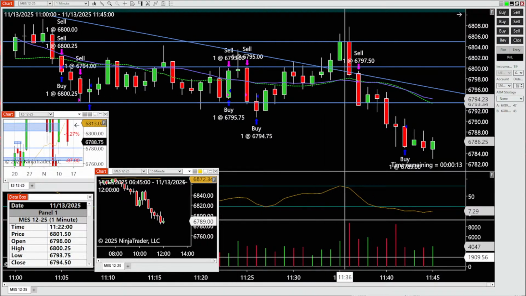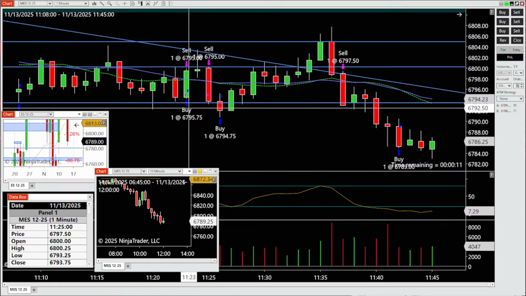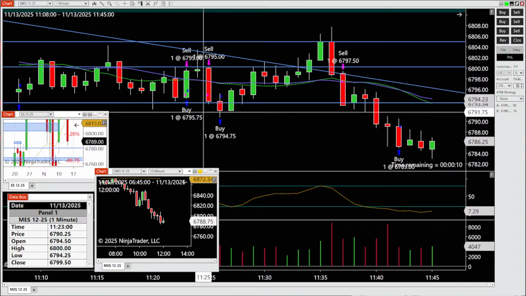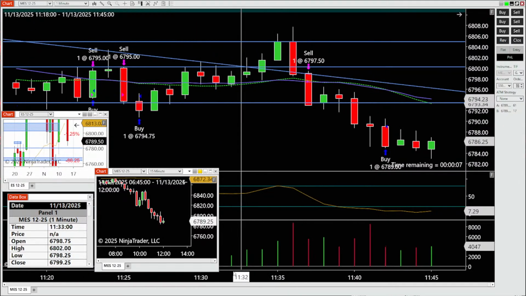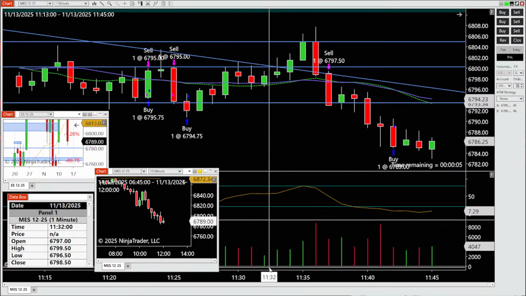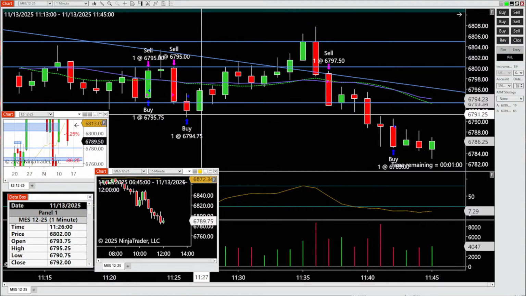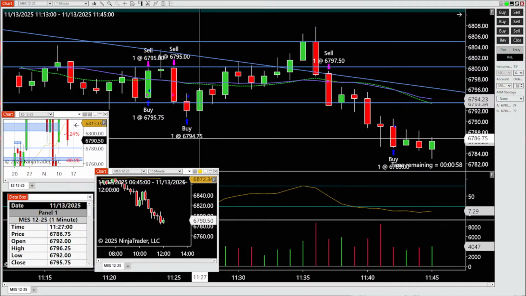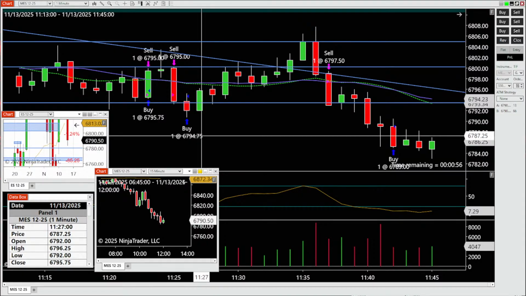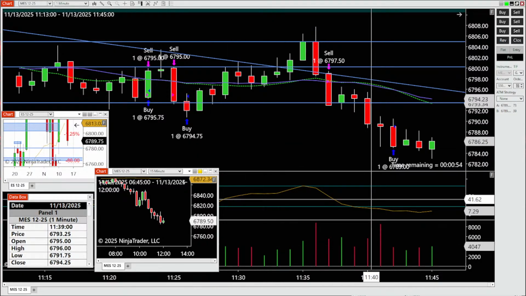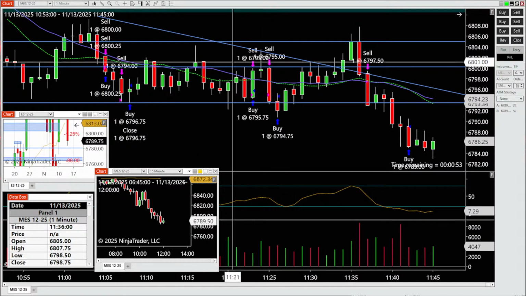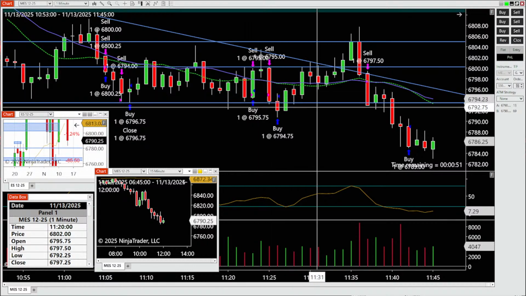Here I sold at 67.95. I bought back at 67.95.75. Then I sold at 67.95, and I bought back at 67.94.75. A couple of ticks. Yeah, I was struggling in this area.